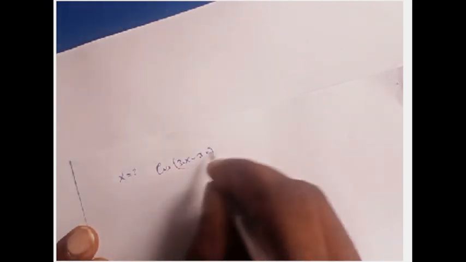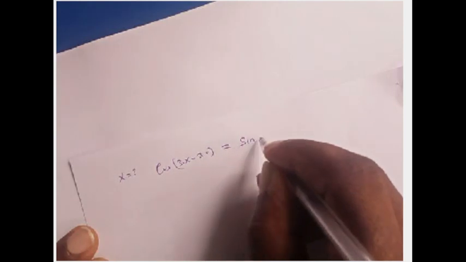So we know that we want to find x when the cosine of 3x minus 30 is equal to sine 7x plus 50.